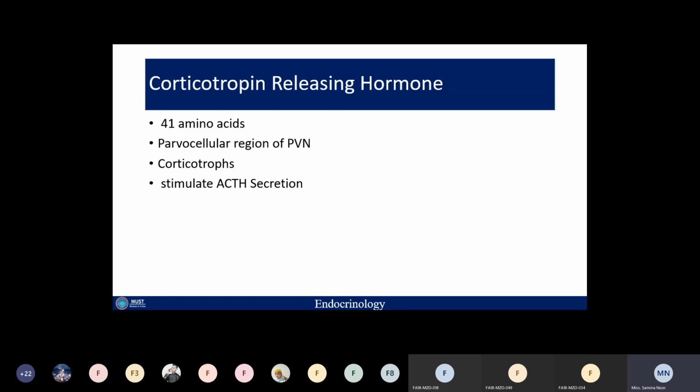So paraventricular nuclei का जो magnocellular region है या जो उसके magnocellular neurosecretory neurons हैं वो vasopressin को secrete करते हैं, और जो इसका parvocellular neurosecretory region है PVN का वो corticotropin releasing hormone को secrete करता है. So इनकी जो टारगेट साइट है वो प्रेजेंट होती है ऑन द corticotrophs.